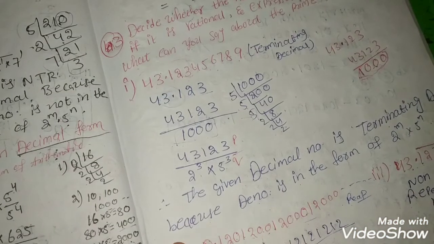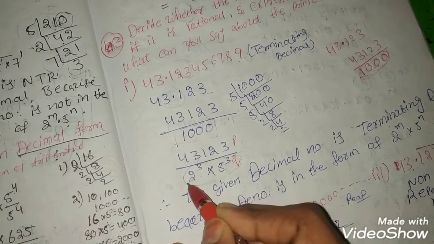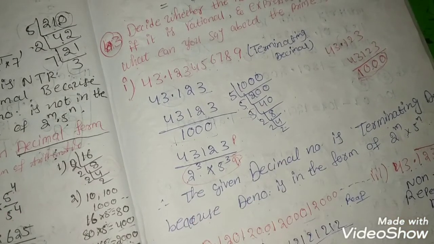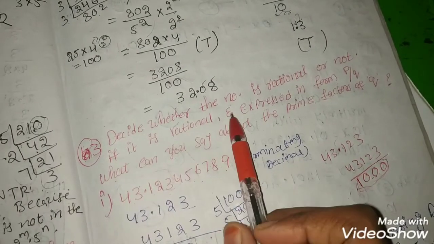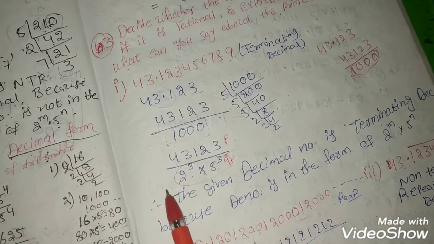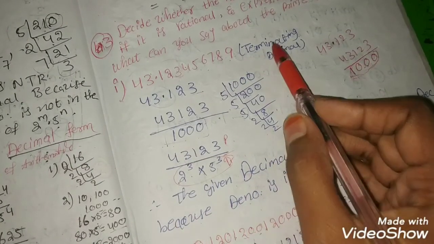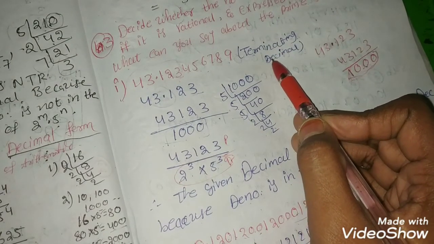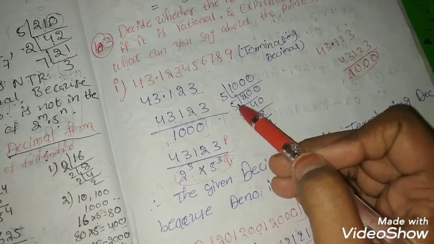The prime factors of q are 2 power 3 into 5 power 3. That's it. Very simple. Again he is asking whether the number is rational or not. So this is a rational number. Why is it rational? This is a terminating decimal, so it is rational.